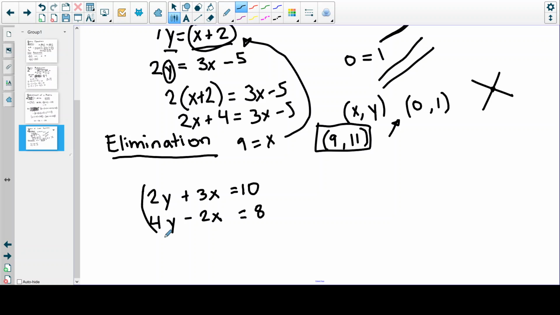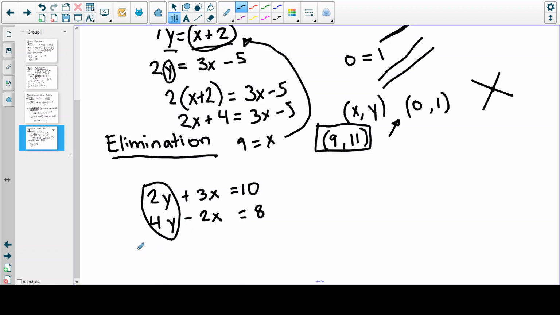Basically, if you look here at the y's, you note that 2 and 4 are common factors of each other. So if I multiplied this equation by 2, I get 4y plus 6x equals 20. And there's 4 y's in this equation, 4 y's in that equation, and therefore, we can cancel them out.